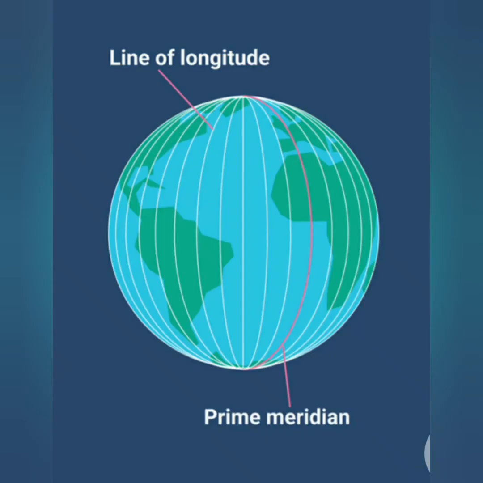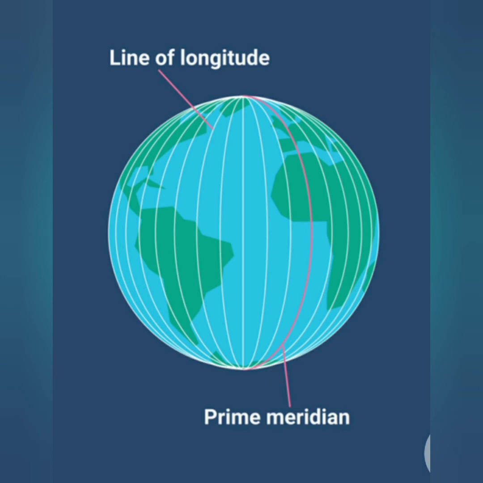Students, to explain all these things, let me show you a picture. Here we have a picture of a globe, and you can see the semicircle lines on it. These semicircle lines start from the North Pole and go to the South Pole. All these lines are known as lines of longitude, also known as meridians.